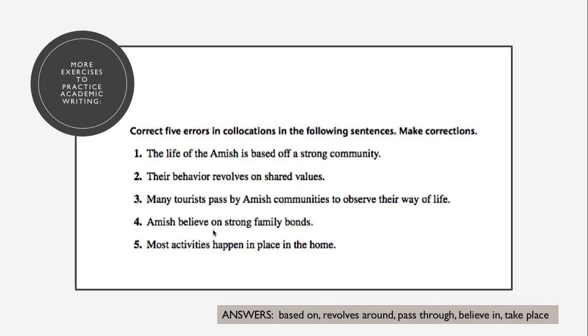Amish believe in strong family bonds. Most activities take place in the home. Again, these are just words that go together in English. And for those English teachers in training, these are what are known as collocations, and they're quite important in your fluency.